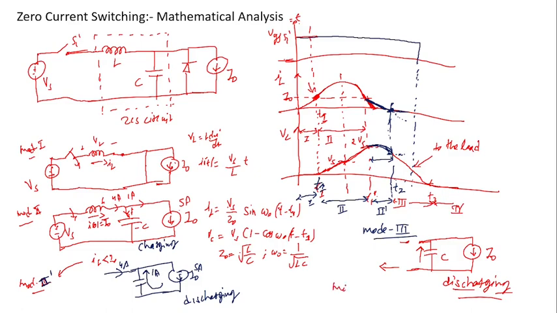So in the mode 4, what will be happening? That is the question. The answer is very simple: that current will be carried by the freewheeling diode.